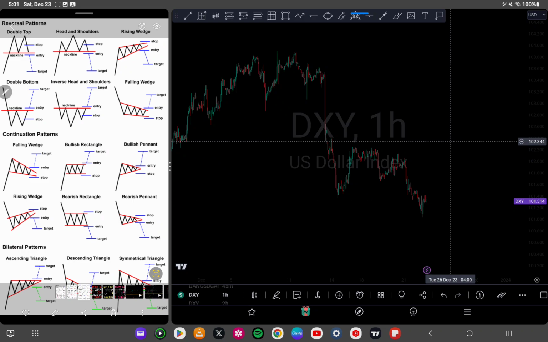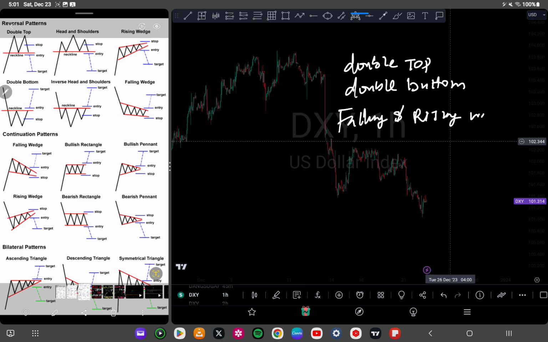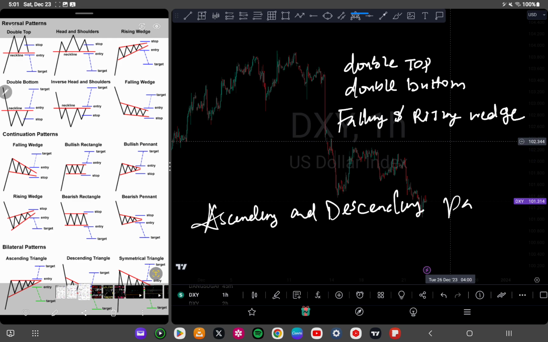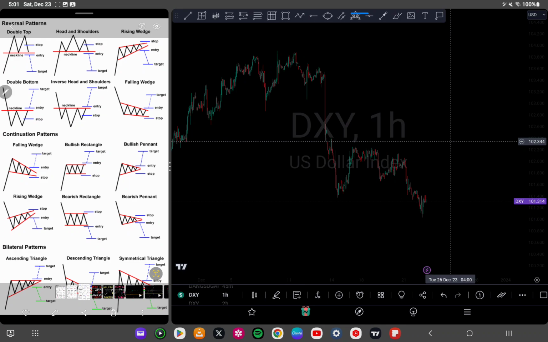Majority of the time, the patterns that show on DXY are the double top, the double bottom, falling and rising wedge, and maybe sometimes you see the bilateral patterns, which are the ascending and descending patterns. That is once in a while, but I'm just going to show you.